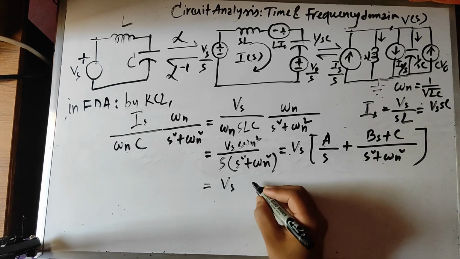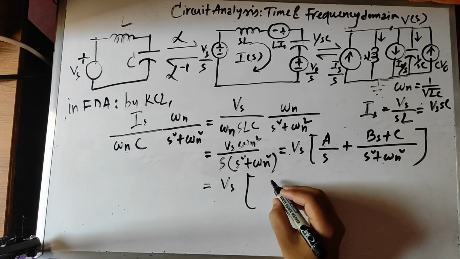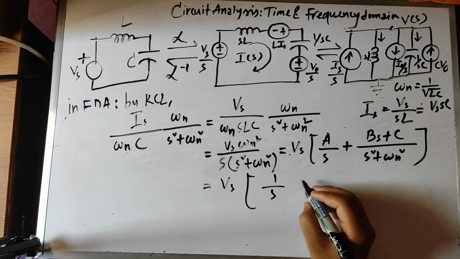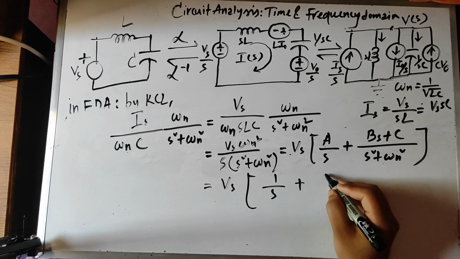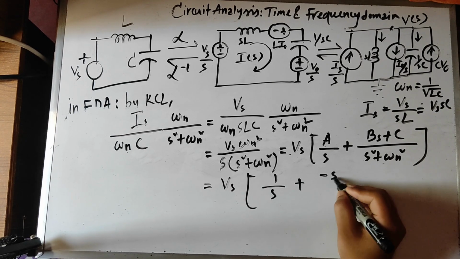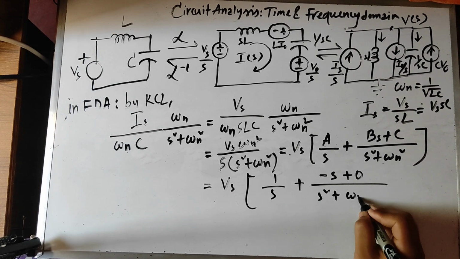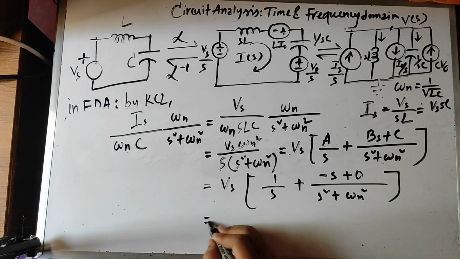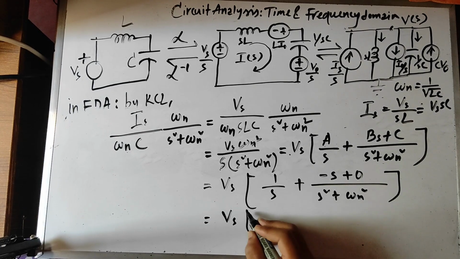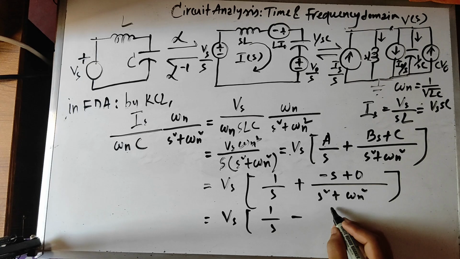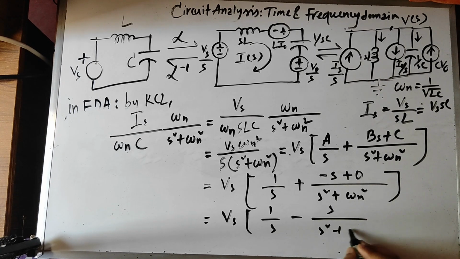Now Vs, so A is 1 by s, plus minus s plus 0 by s squared plus omega n squared. This is Vs times (1 by s minus s by s squared plus omega n squared).